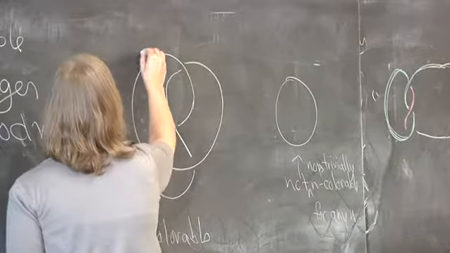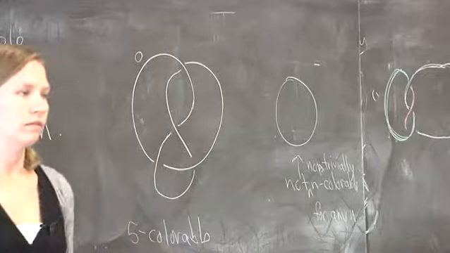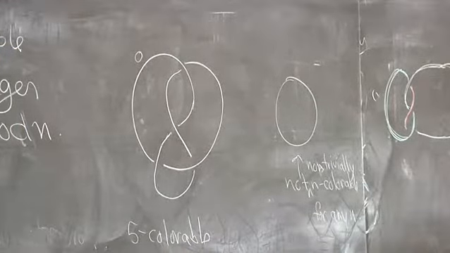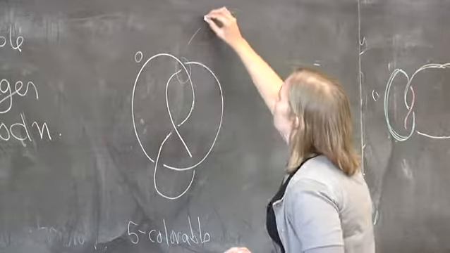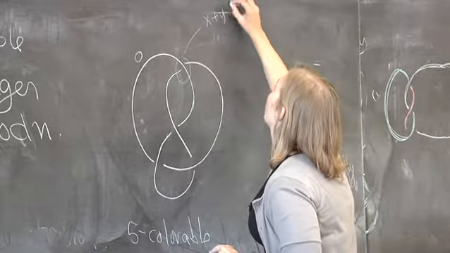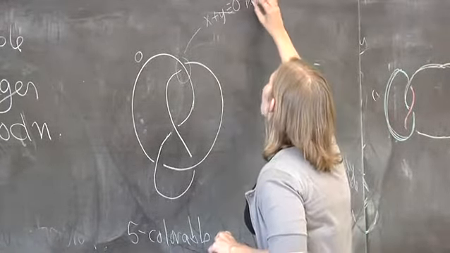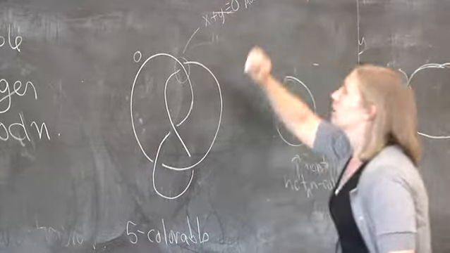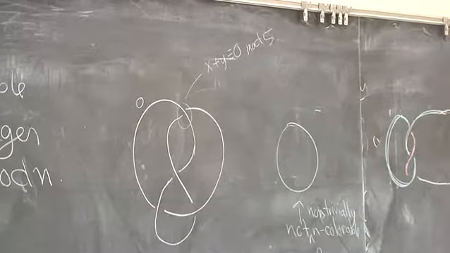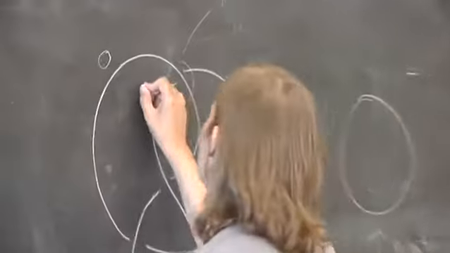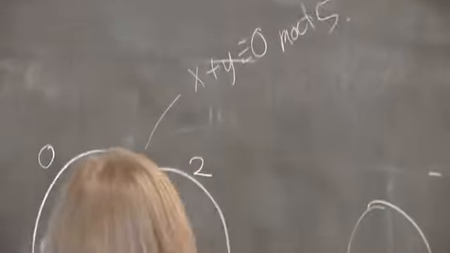Okay, so I'm going to call this strand 0 because it doesn't matter. So what I need here at this crossing is x plus y congruent to 0 mod 5. So what are 2 numbers that if I add them together I get 0 mod 5? 3 and 2. So I choose this one to be 3 and I choose this one to be 2.